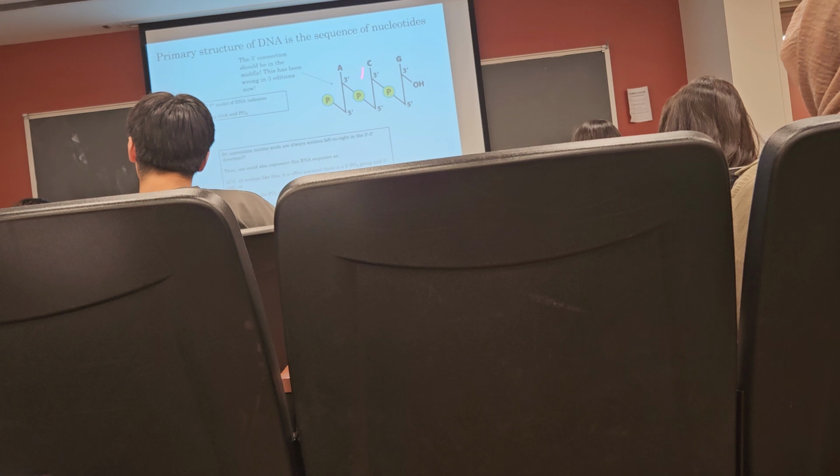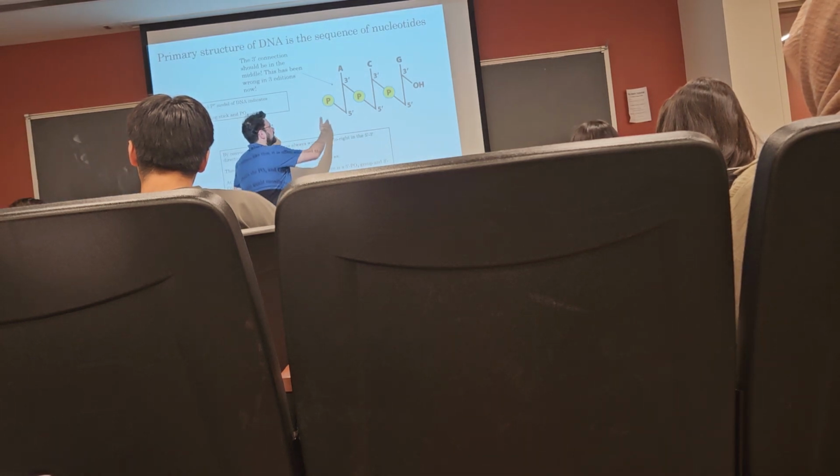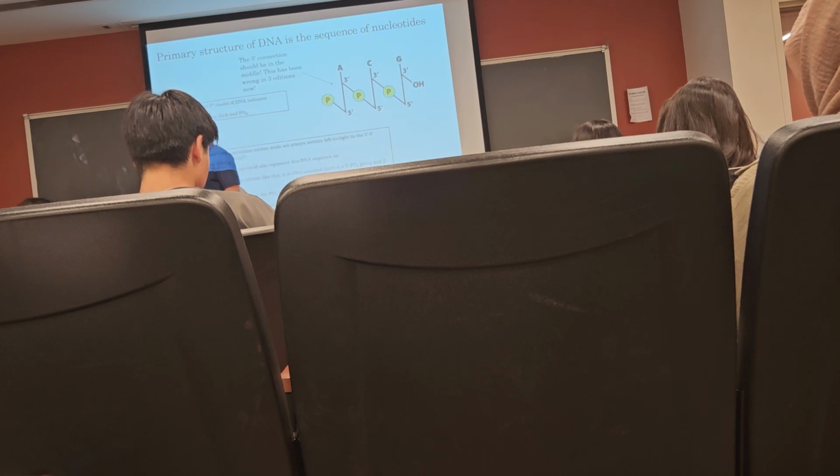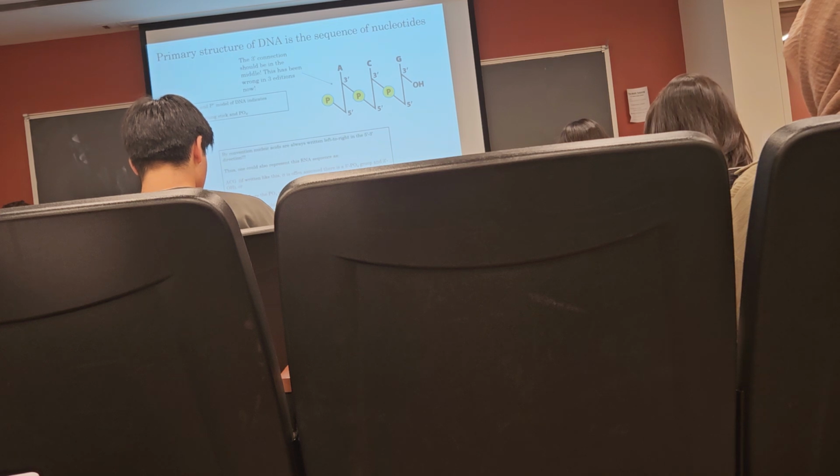We can draw DNA in a shorthand, which is the stick and pea model. I really hate the way the book does this because they kind of messed up here. What we do is draw a vertical line. The vertical line represents our sugar, either ribose or deoxyribose. The 1' carbon is at the top, the 5' carbon is at the bottom, 3' is in the middle, 2' is in between 1 and 3, and 4' is in between 3 and 5.